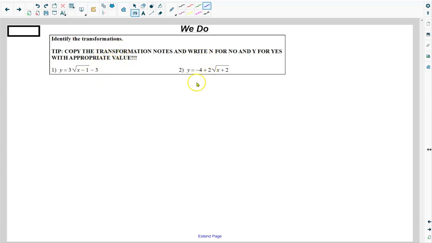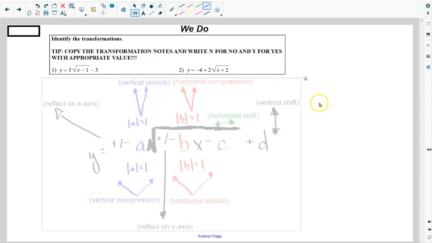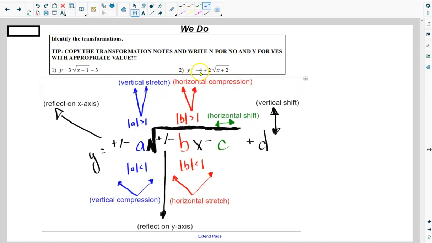So here we have identify the transformation. We have 2 problems, and we're going to do one. The one I'm going to do is this one, because this is maybe the most difficult one. If you can do that one, you can do any of these.